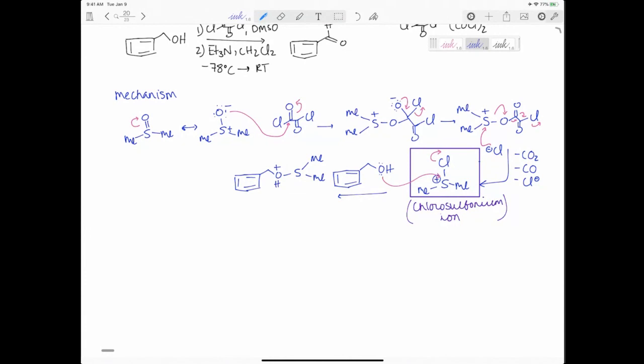And how do you think the additional hydrogen is going to get deprotonated? Well, you might think it's a chloride ion, but it's not. This is where you're going to use triethylamine. Triethylamine comes in and grabs this hydrogen here.